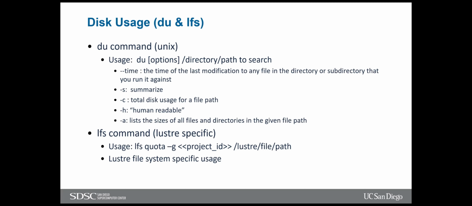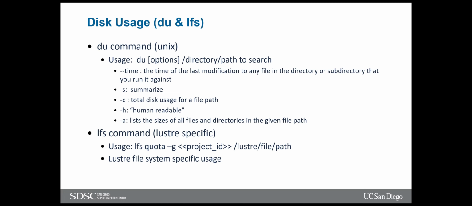The du command is a Unix command for understanding how you are currently using your disk. The user support team uses this quite a bit with regards to home directory usage. Lots of people get to a point and they say, I can't copy files anymore.